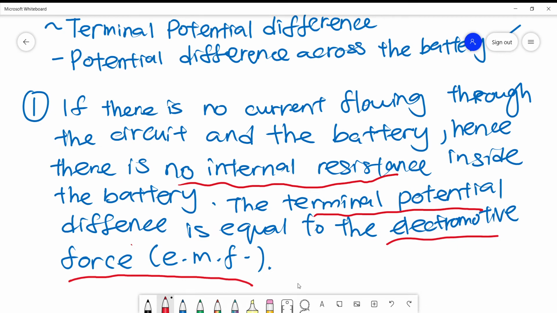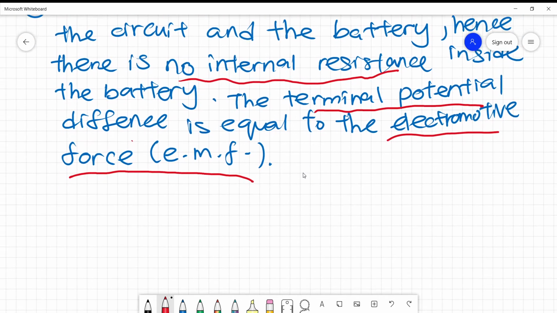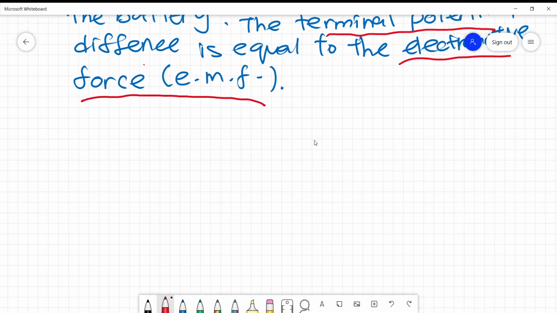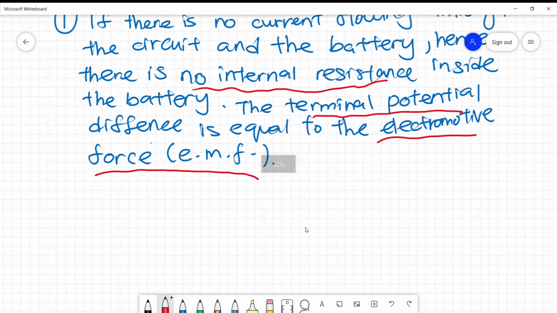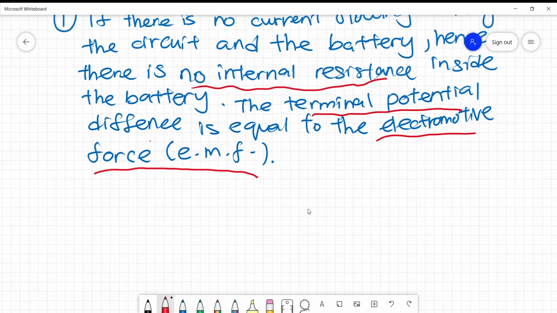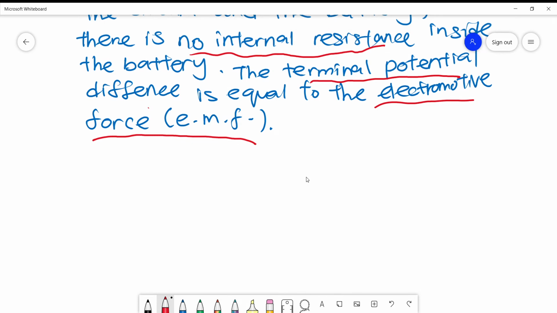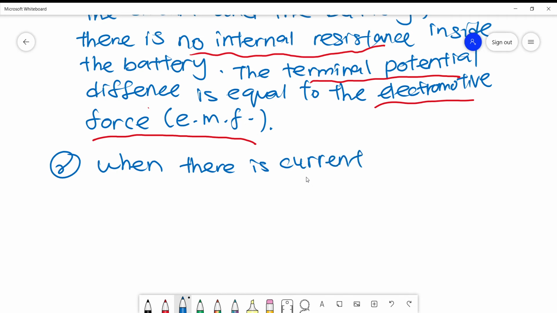Alright, so what will happen to the battery when there is current flowing through the circuits?